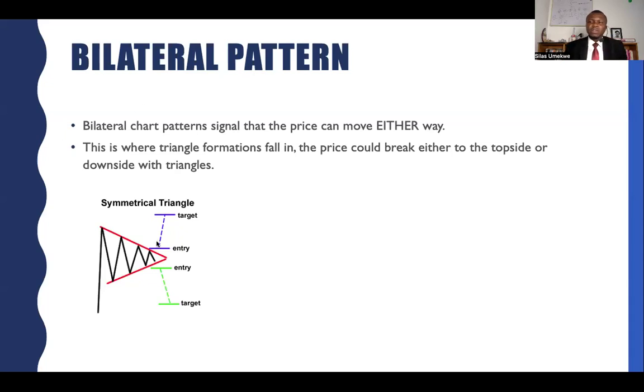Right? This is a symmetrical triangle. Now, when we say symmetrical, that means it's almost as if the upside and the downside are almost the same. It's like a symmetry. If you draw a line in the center of this triangle, it will divide the triangle into equal halves.